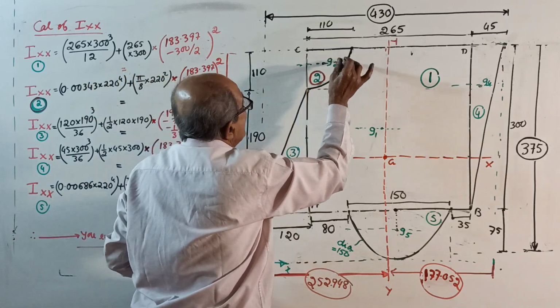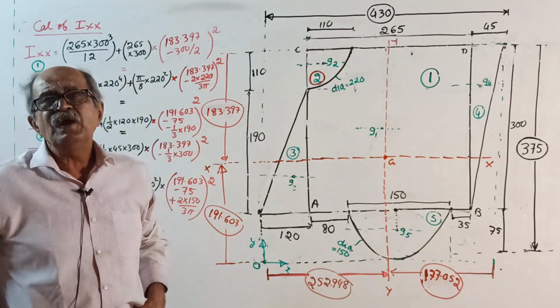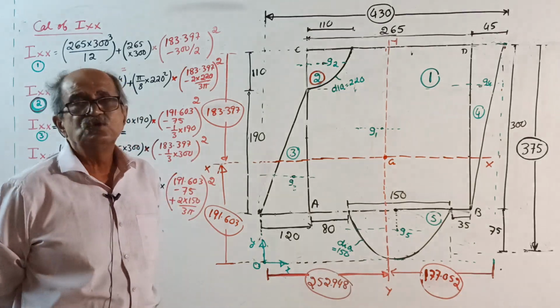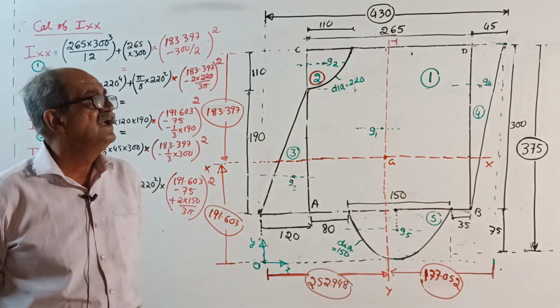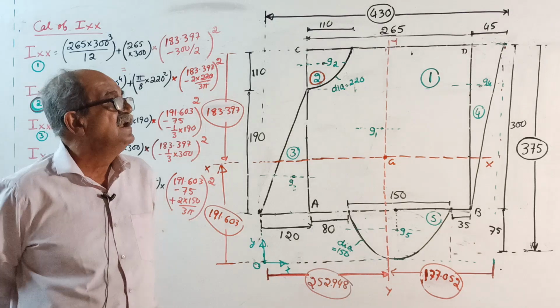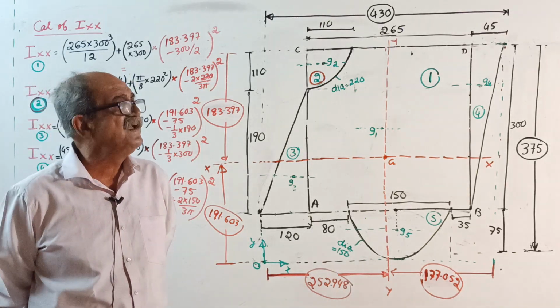Okay. Come to figure number 2, part number 2. Its own centroidal axis. It is a quadrant of a circle. For a quadrant, the word symmetry does not exist, so a decimal number is there. What is the decimal? Pi is not there. Again, I am telling you 1000 times. The decimal number for a semicircle is 0.00686.